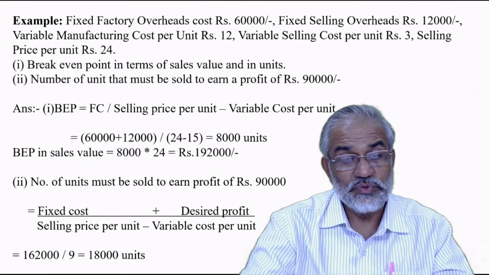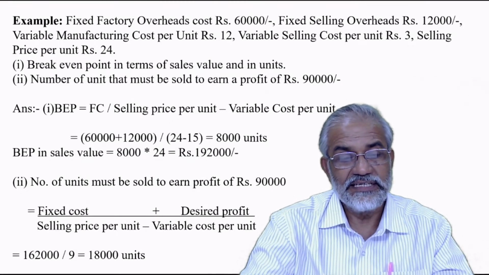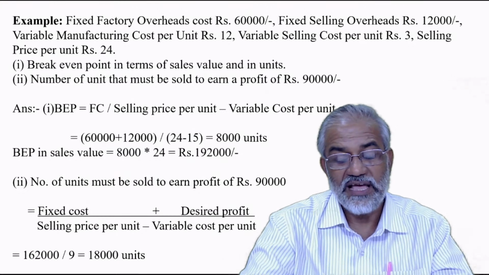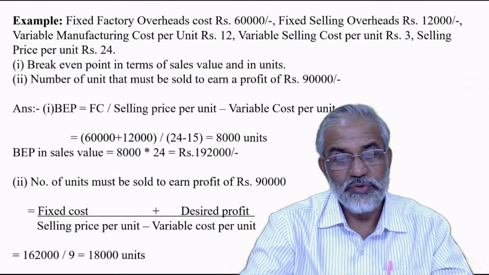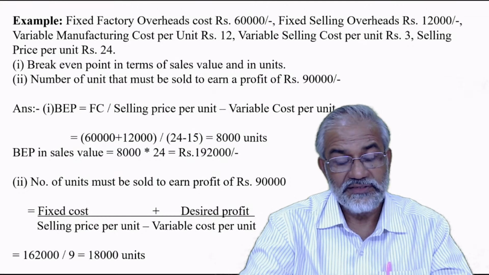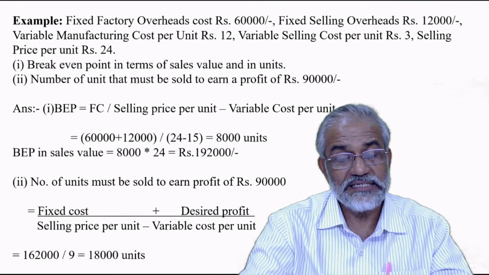When 1,62,000 is divided by 9, it gives rise to 18,000 as the volume of output. When the units produced are 18,000, at that point of time, the organization can earn an exact profit of 90,000, which is the desired amount of profit.